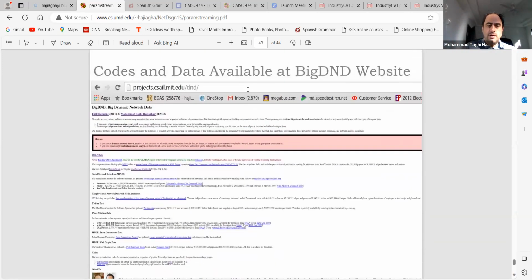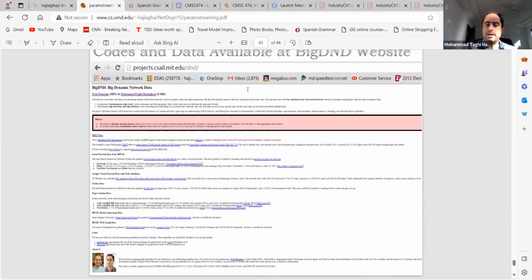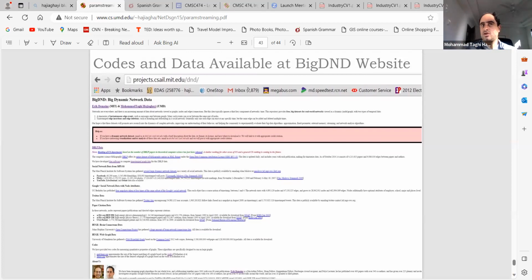Good. If you want to know more about this kind of big data, we have also provided the Big D&D resource. This is a project that I have done with Erik Demaine. All the graphs and all the resources for big graphs and dynamic graphs, we have put there. So if you want to implement something, you can go there and implement your algorithm based on that.